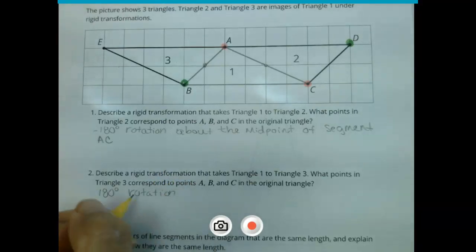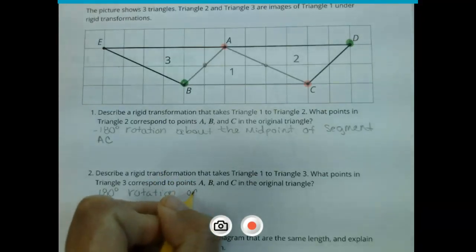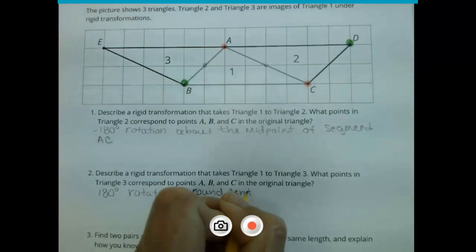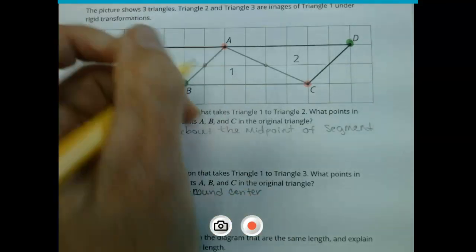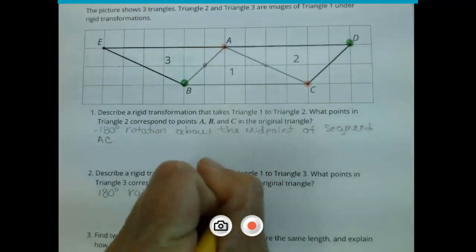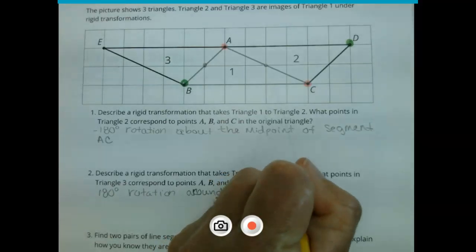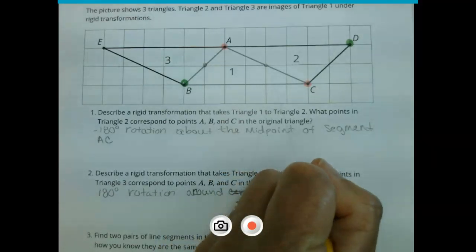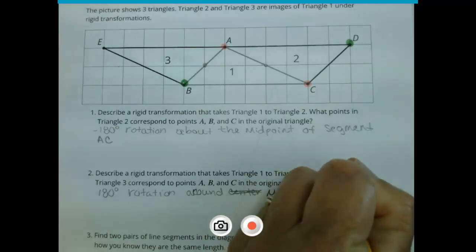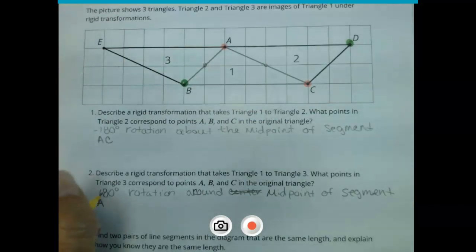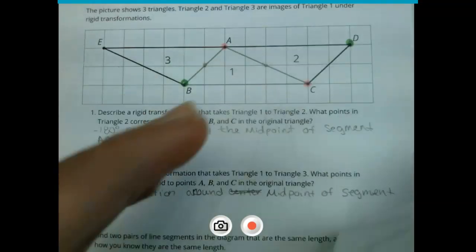So I'm going to say rotation around the midpoint of segment AB, okay?